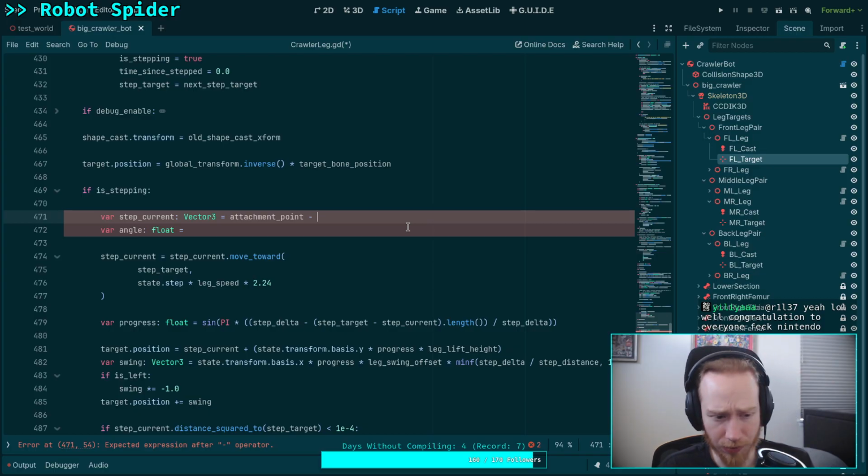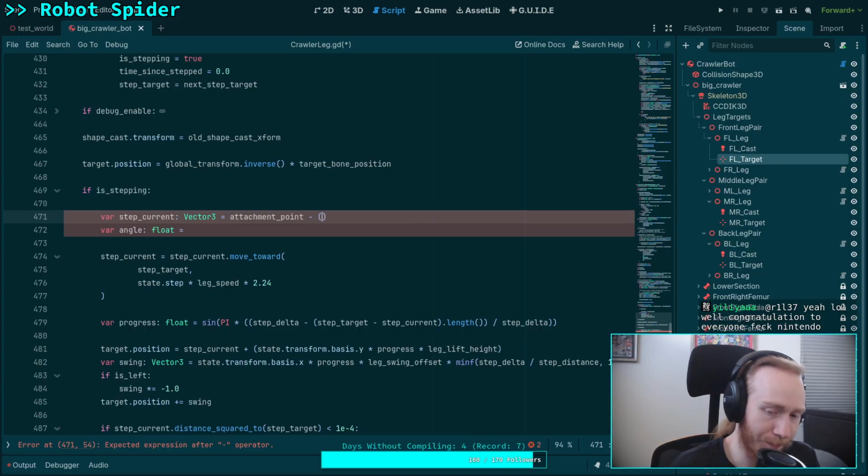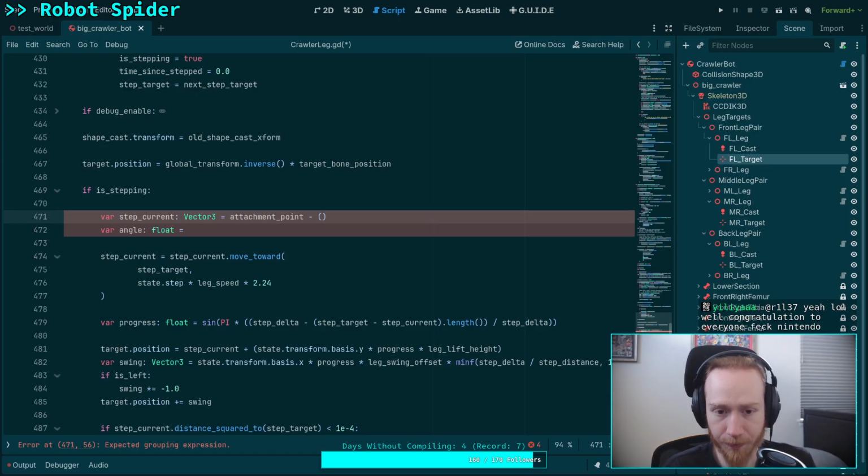Attachment point to target position. Target position is relative to my transform. I need to get it in terms of the body transform. So I could do... I think if I did my transform times that one, do I get the right location?